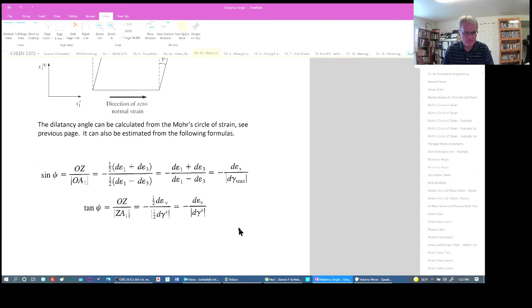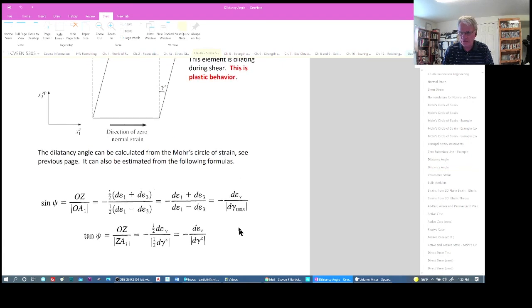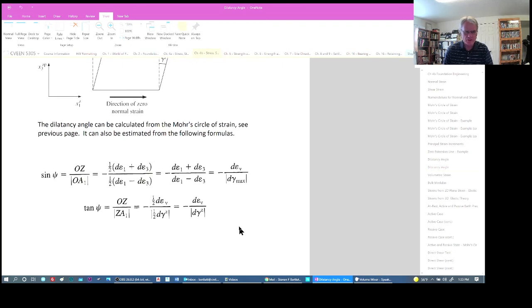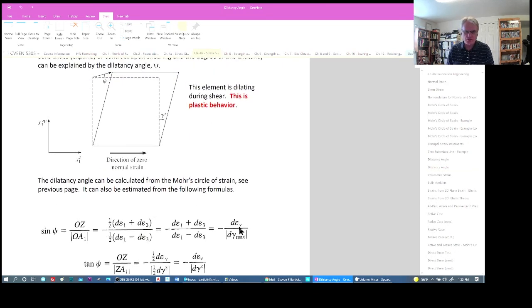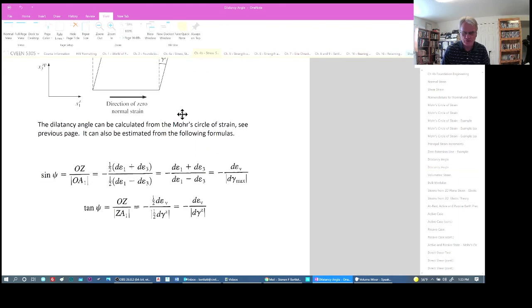So that dilatancy angle becomes important to us because it tells us how much things might be opening up or dilating, or the opposite could be that this upper line here drops down below here, suggesting that the specimen contracted as it was undergoing shear.